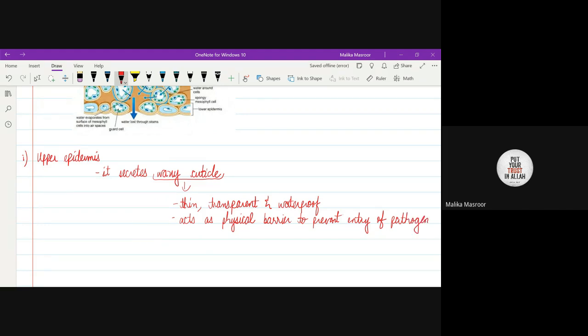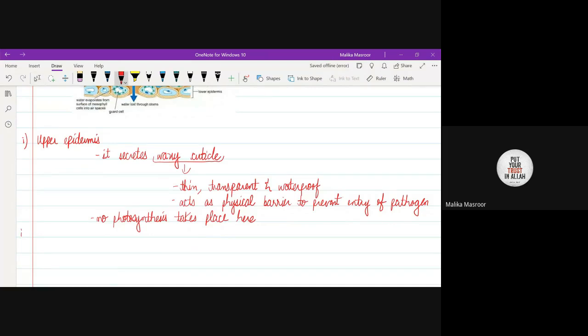Alright. Okay, no photosynthesis takes place here. Then I have the second, palisade mesophyll layer.